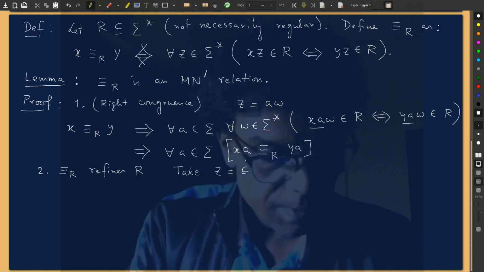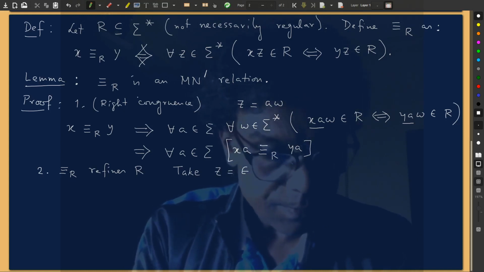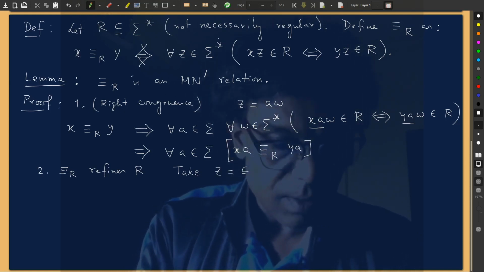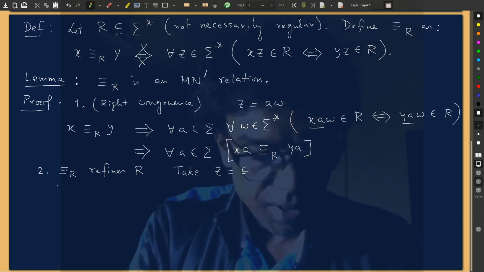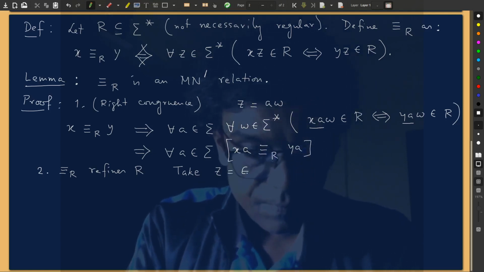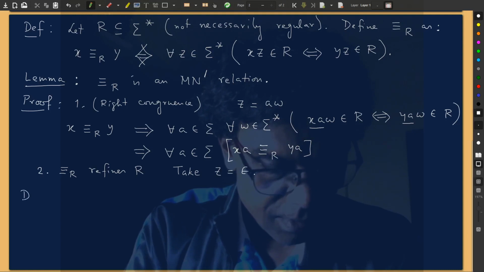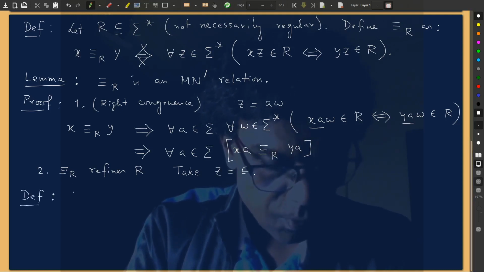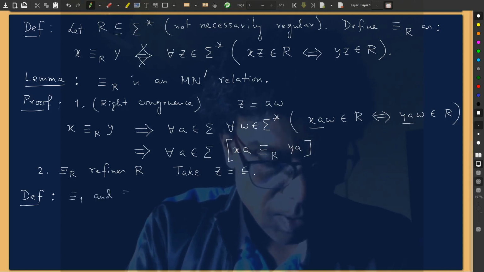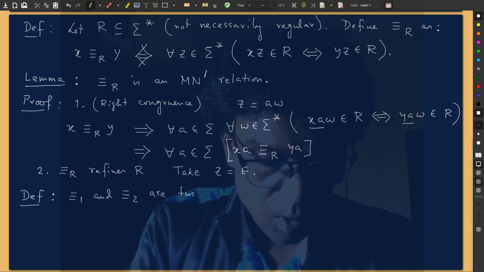So this is a Myhill-Nerode-type relation. The finite index thing I am not yet considering. I will later specialize to regular languages. So I start with another definition. Suppose that this and this are two equivalence relations.